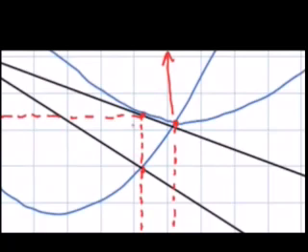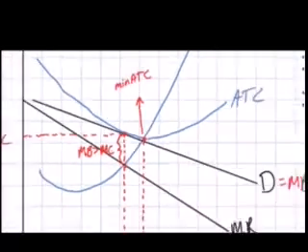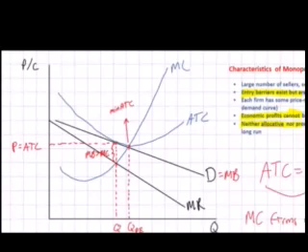At this quantity, the firm's quantity, we can see that the marginal benefit to society is greater than the marginal cost to the firm. So the firm is not being allocatively efficient. It is restricting its output. It is producing something less than the socially optimal quantity in order to maximize its profits, in this case to break even.